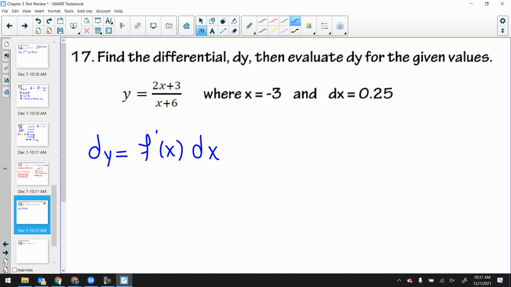Okay, quotient rule. So f prime of x is going to be derivative of the top times the original bottom minus the derivative of the bottom times the original top, all divided by the bottom squared.